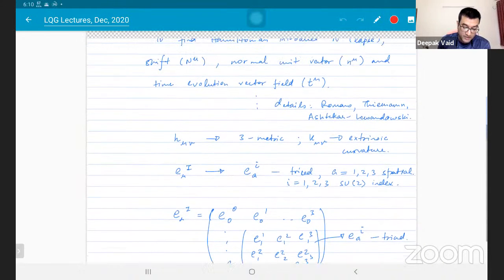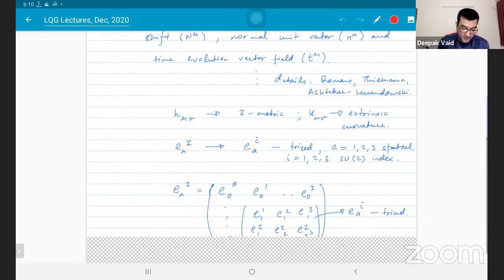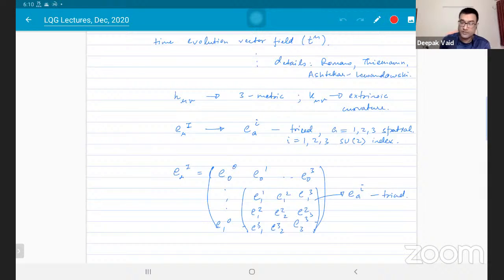Then regarding the Hamiltonian decomposition of this theory, I skipped over the details, and I just went to the definition of the constraints in terms of triads. The triad is now when you restrict to the three-dimensional spatial slices, right? You will have three legs, triads, and your connection becomes an SU2 connection rather than an SL2C connection.